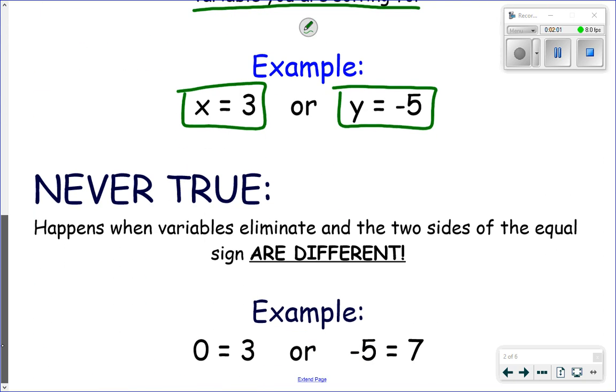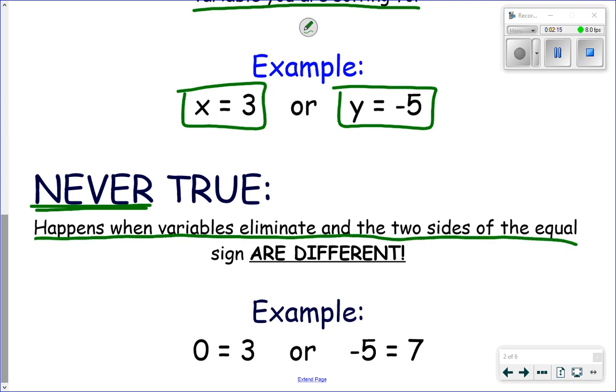So far we've talked about always and sometimes. And then the last one we need to talk about is never. Sometimes when you're solving these equations, you're going to come across an equation that's never going to be true. And this happens when the variables eliminate, so there's no longer a letter involved, and then the two sides of the equal sign are different. So for example, 0 will never equal 3.